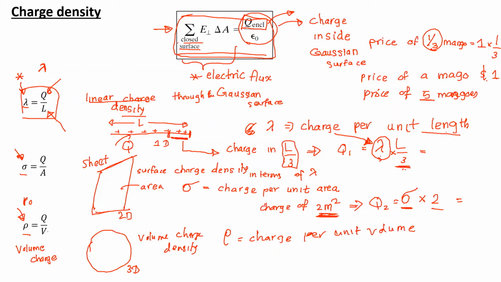So if you need to find the charge of, let's say, this tiny sphere inside this main sphere. Let's say this has a radius of small a. How to find it? Charge of the small sphere with radius a.